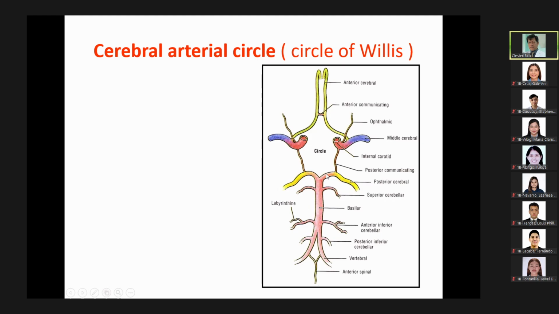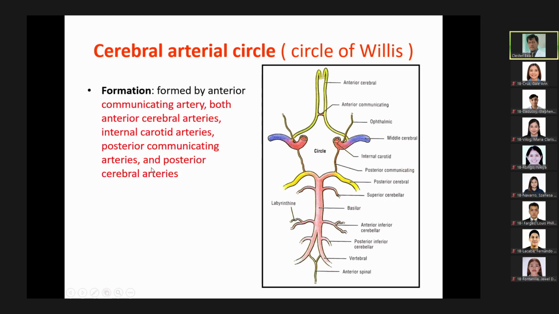So one of the purposes of having the circle of Willis is to ensure almost equal distribution of blood flow to the different parts of the brain via the branches of the internal carotid and the union of the vertebral arteries to become the basilar. Now, the circle of Willis is not actually a circle, it's more of a pentagonal shape, and it is located at the base of the brain.